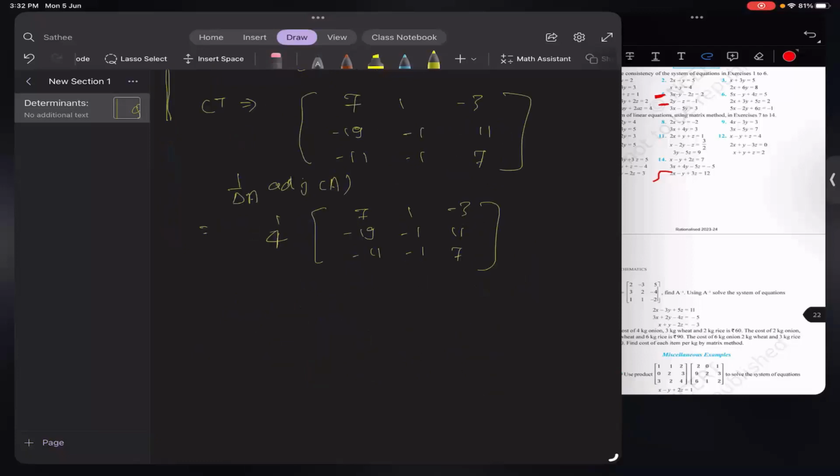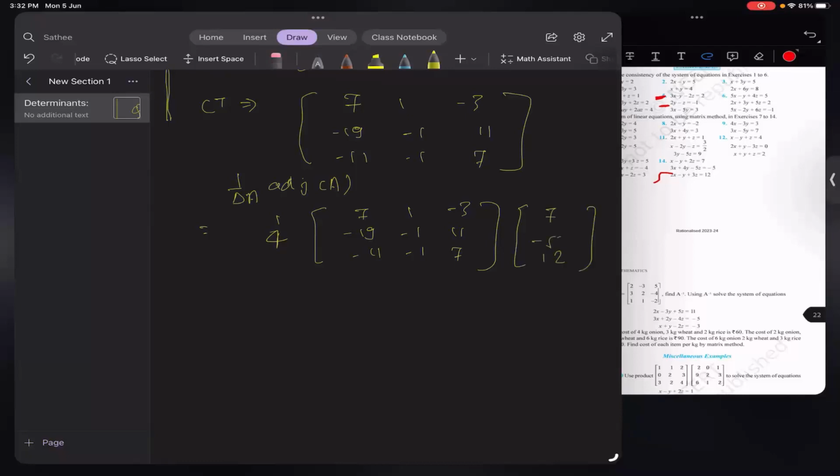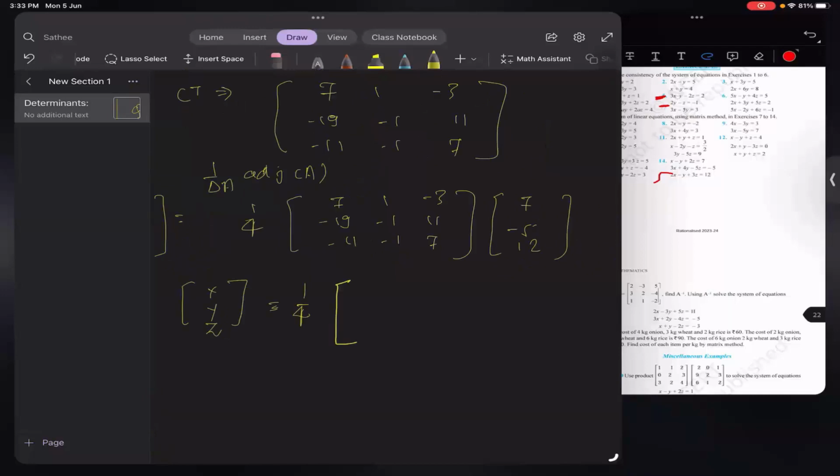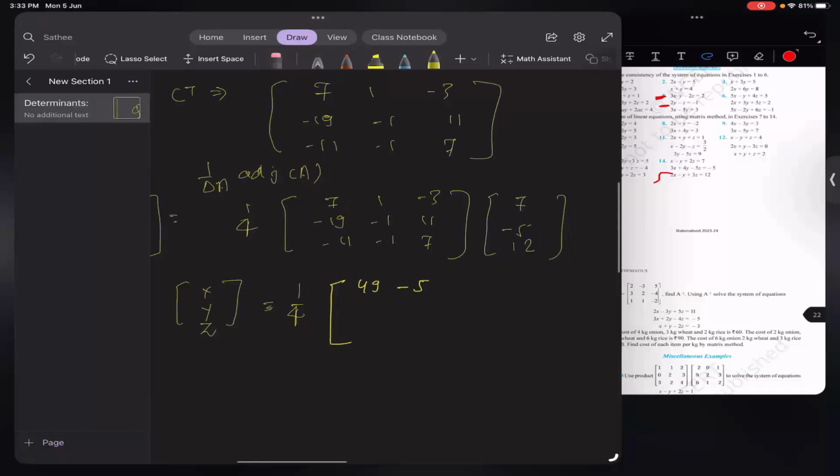Okay, and apart from that you have to multiply the matrix of B. So this would be finally your x, y, and z. Okay. So finally, let's quickly multiply. So this would be 49 minus 5 minus 36.